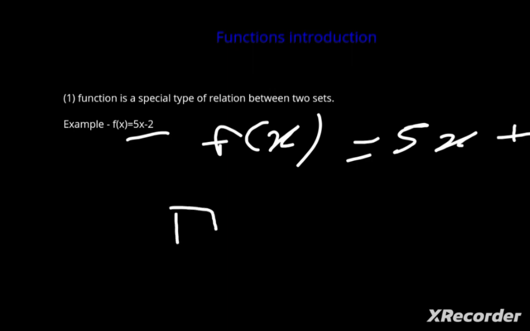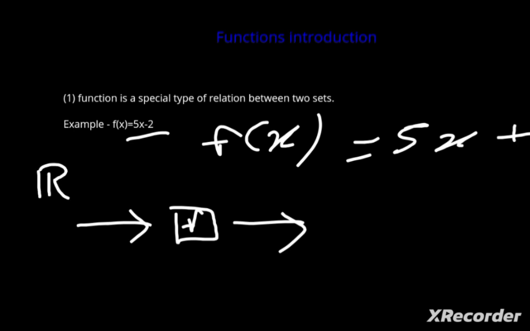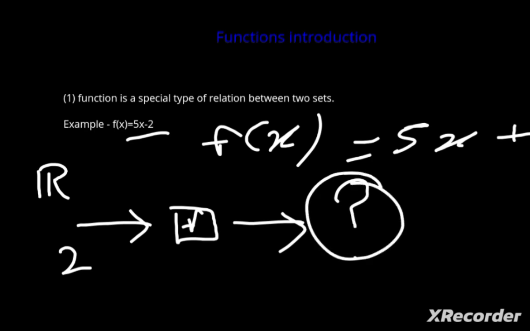Think of the function as a box F. There is an input and there is an output, like a computer. If I input a real number, for example 2, then the function will give us an output.